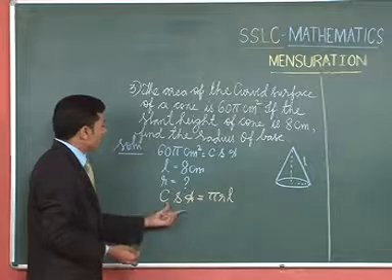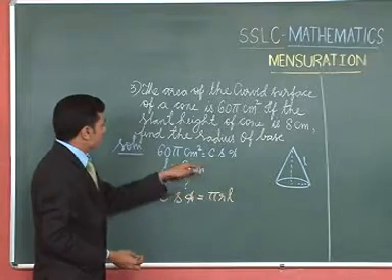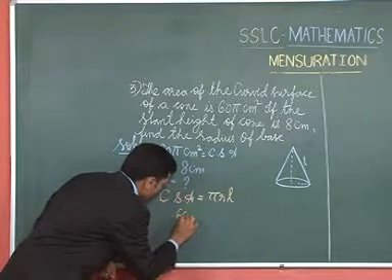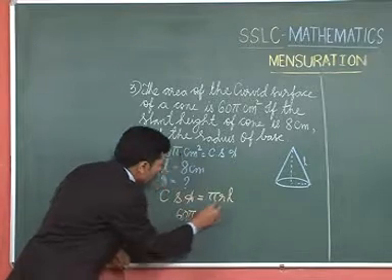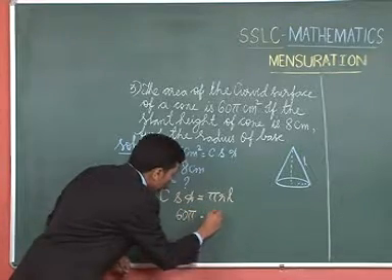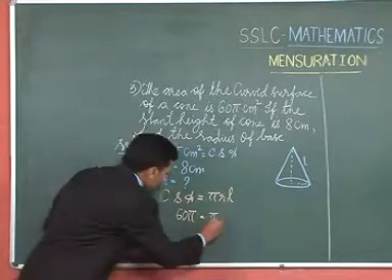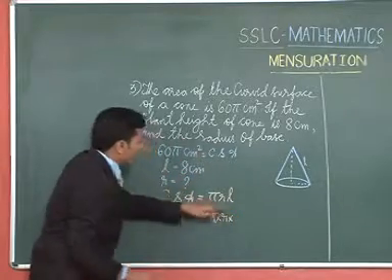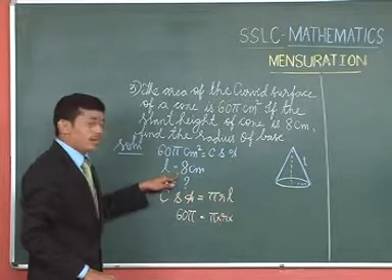Now just substitute the values in the formula. The curved surface area, we already know, is 60 pi. So write it down here. It is equal to pi into radius. We don't know it, we are asked to find out the radius, so keep it as it is, into r into L. L is the slant height, and it is given that it is equal to 8 centimeter.